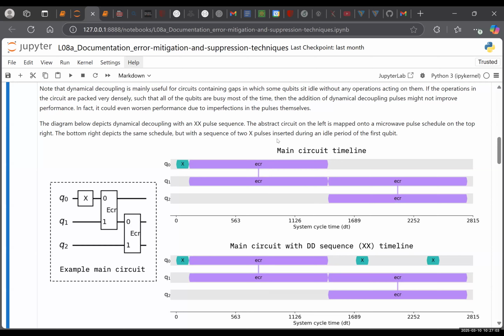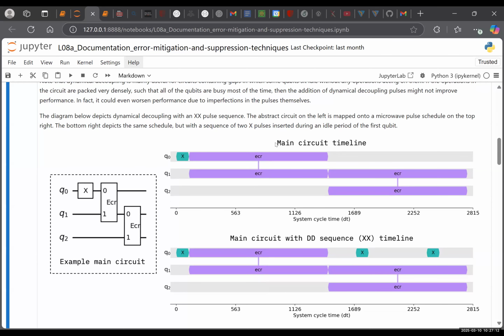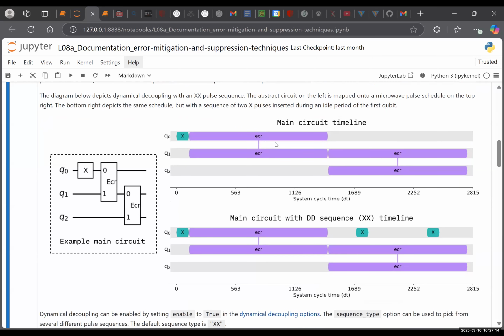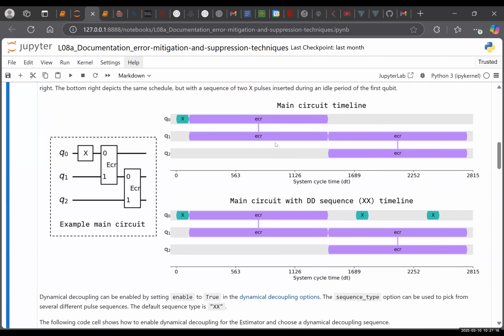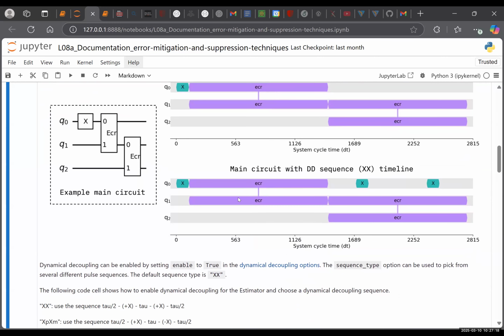You could also apply a negative x pulse, because there may be some difference that can balance and cancel out the noise. So this is why I call it dynamical decoupling. You want to decouple the environment that acts on the qubit. It can be enabled by setting enable to true in the options.